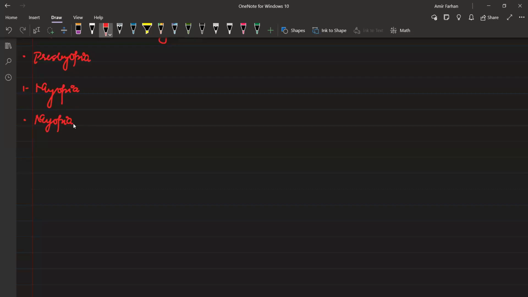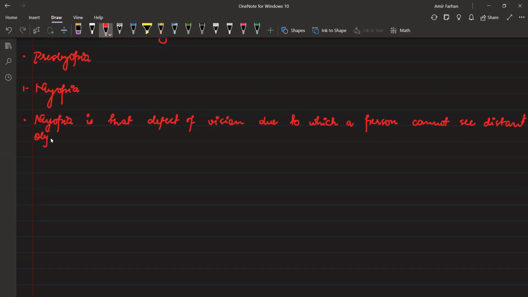Myopia is that defect of vision due to which a person cannot see distant objects clearly, though it can see the nearby objects clearly.